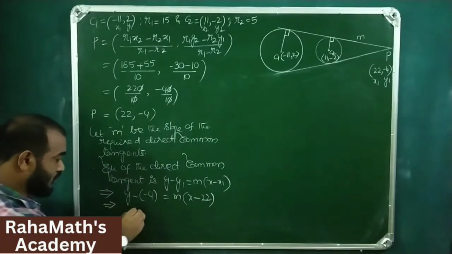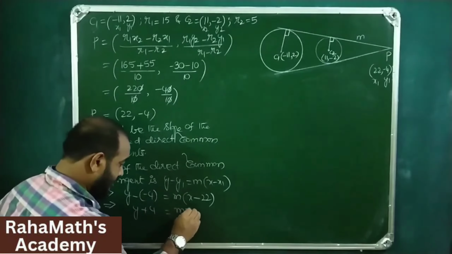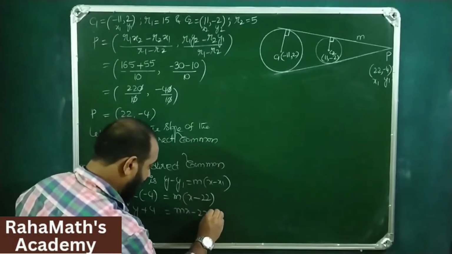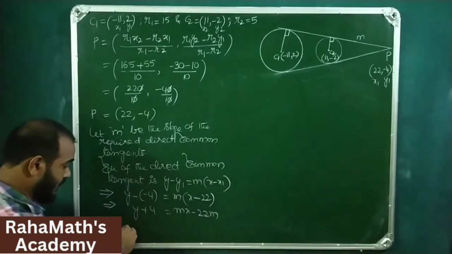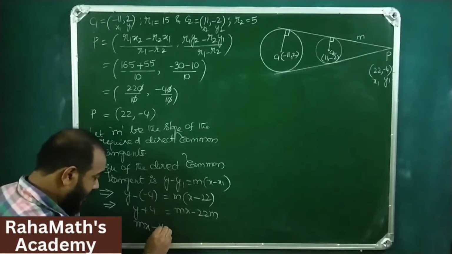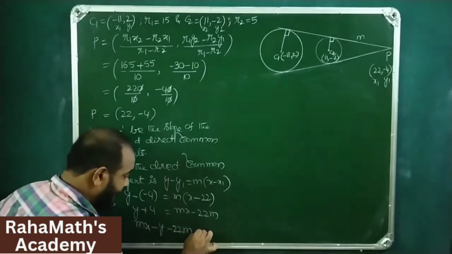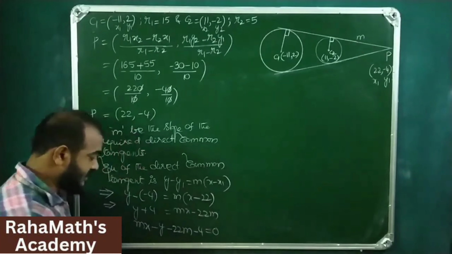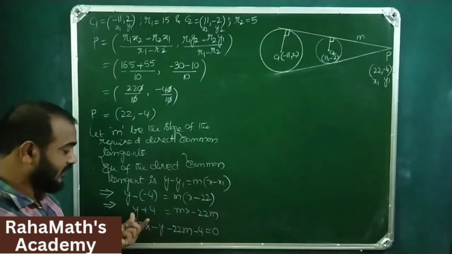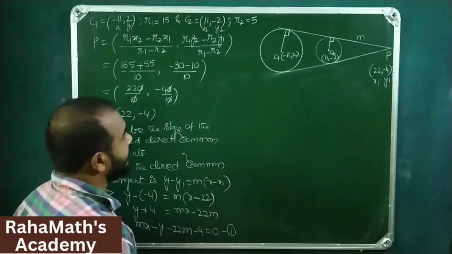So this is y plus 4 is equal to mx minus 22m. Therefore, the line is mx minus y minus 22m minus 4 equals 0. I just transposed all the LHS terms onto the RHS. Let us suppose this to be 1.